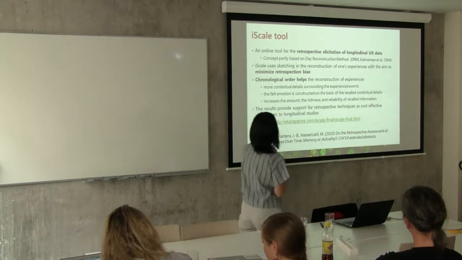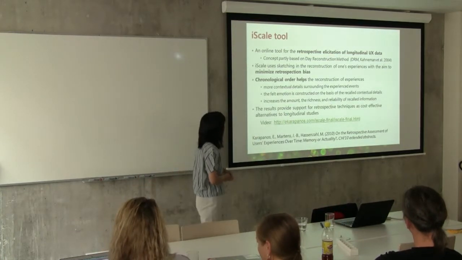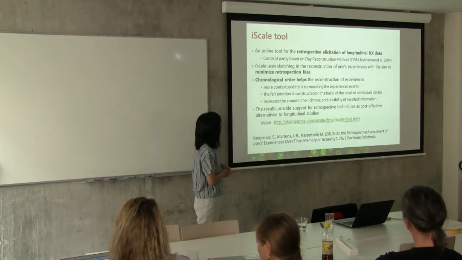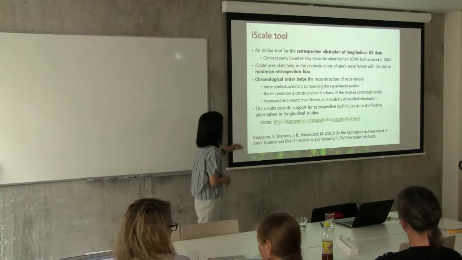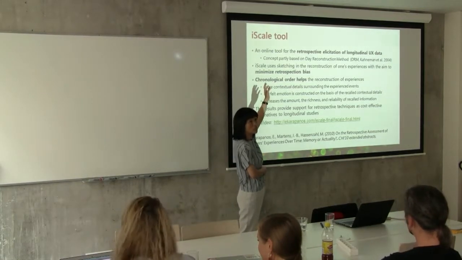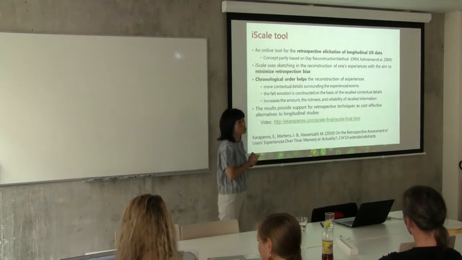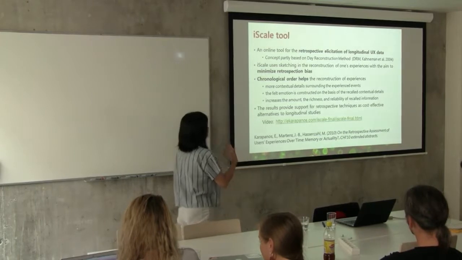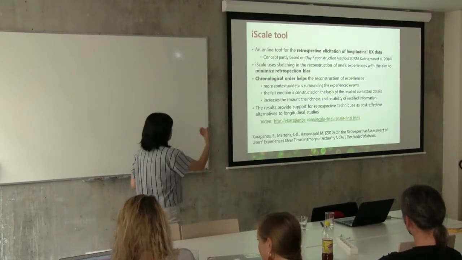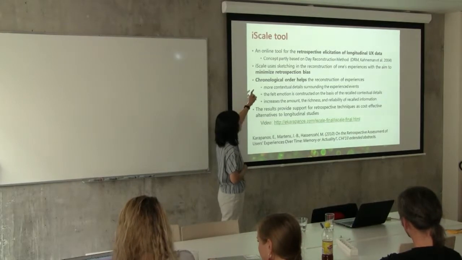I explained that in previous slides. This iScale will try to minimize the retrospection bias, but just minimize, you cannot eliminate it. How much it can minimize is difficult to quantify. But this is one way, if you use iScale on a daily basis. Also, there are 2 ways to capture.